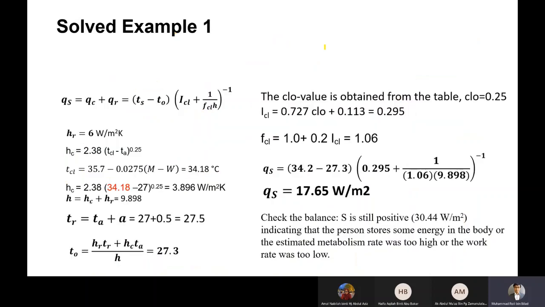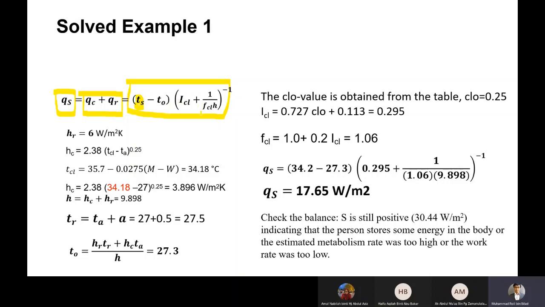Next, finally, is the sensible heat loss. Sensible heat loss is denoted by Qs. It is the sum of convection and radiation, and is given by this empirical equation. Ts we know. The rest in this equation we don't know.